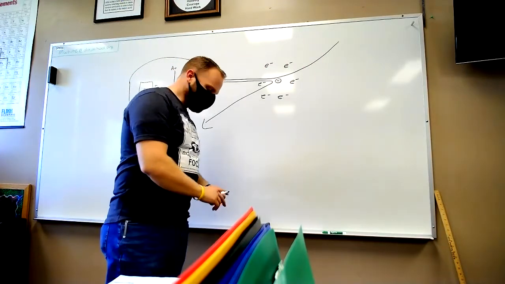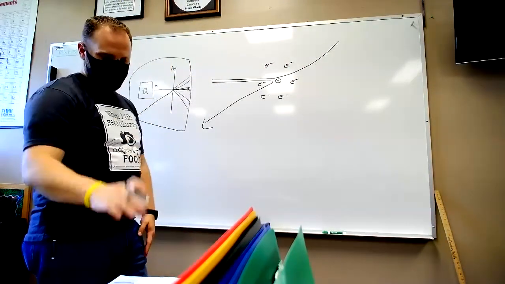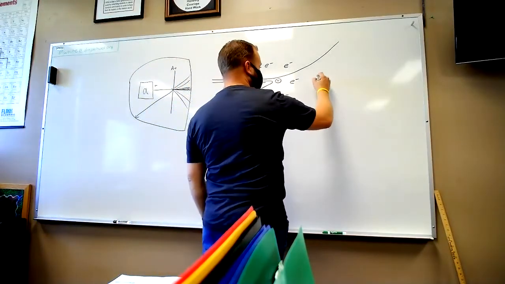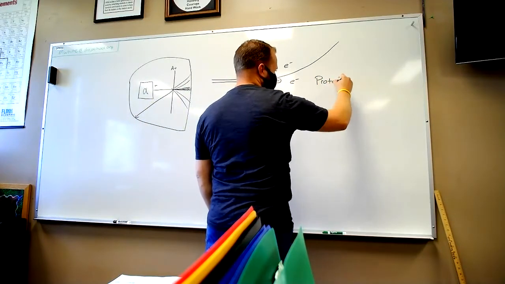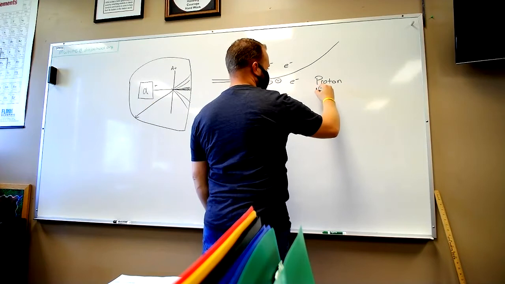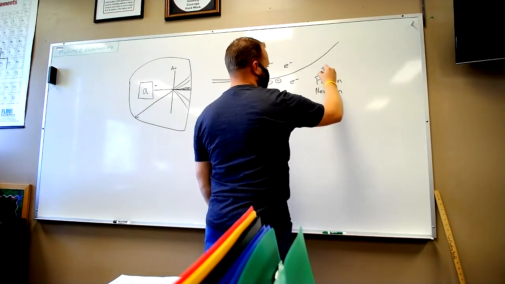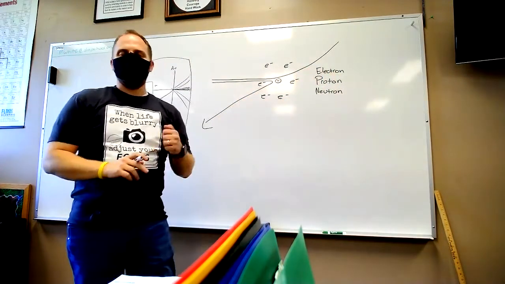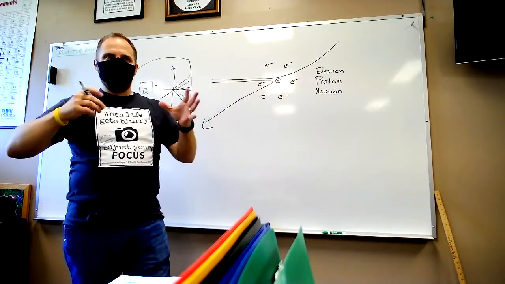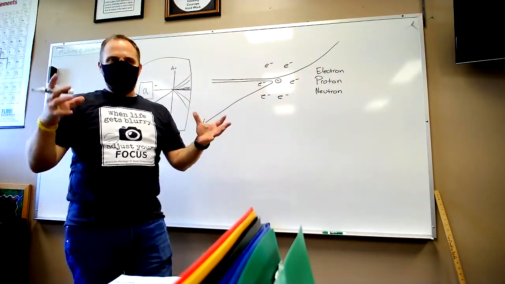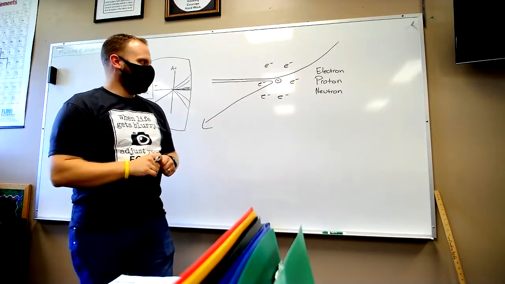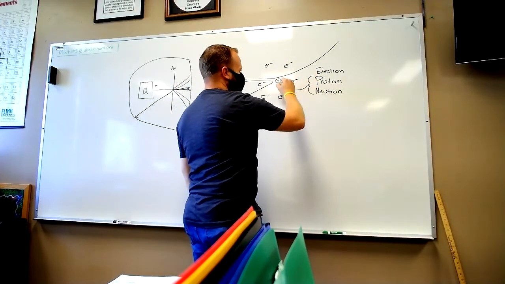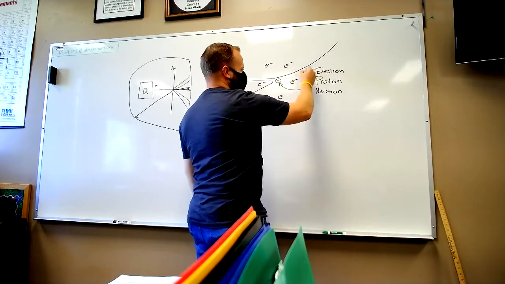Now, from there, we discover what's called the proton, and then eventually the neutron. So we have these three different types of pieces that make up atoms. These two are in the nucleus, and then the electrons are around.